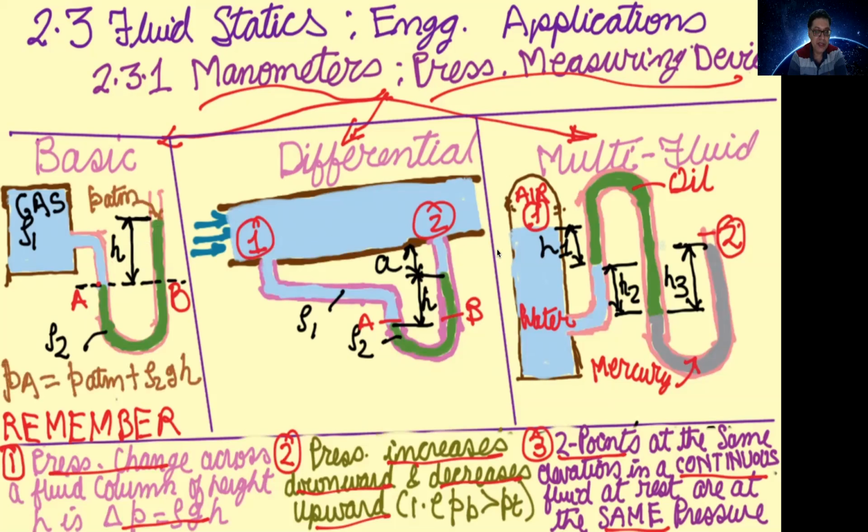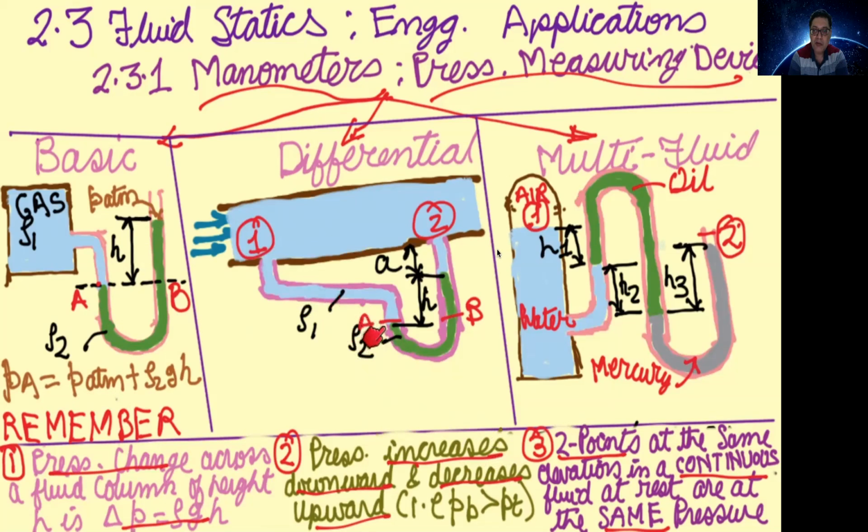Although the final expression is shown, note that PA is equal to PB is equal to P atmospheric plus ρ2 g h, where PA is equal to PB based on the point which I mentioned, that 2 points at the same elevation in a continuous fluid at rest are at the same pressure. Note that you have to use this point many times while solving these problems.